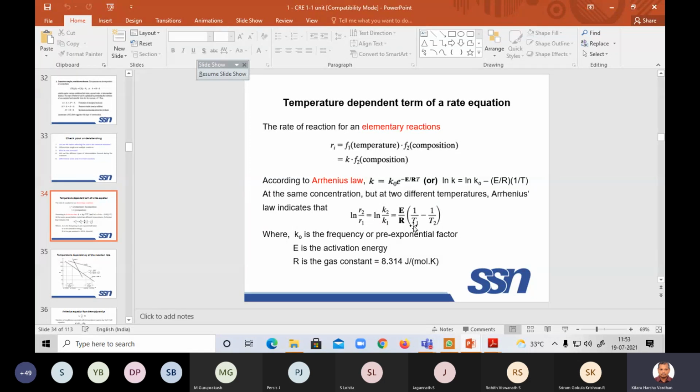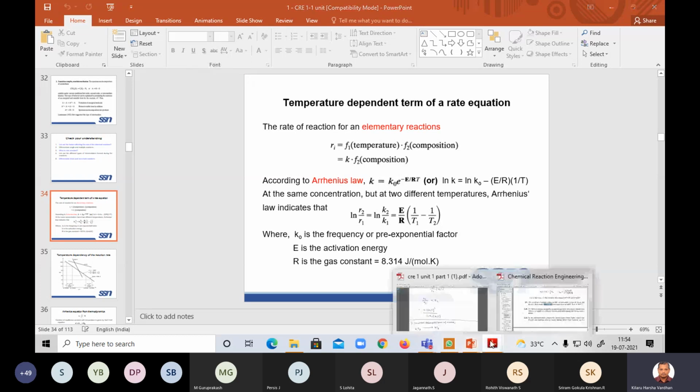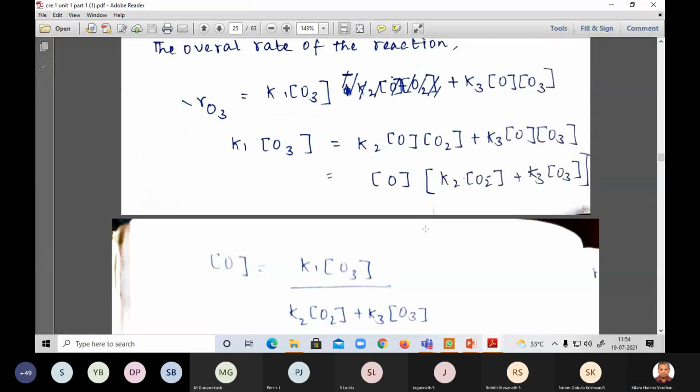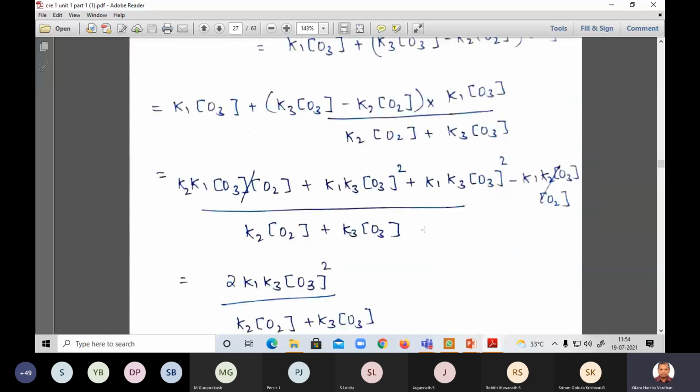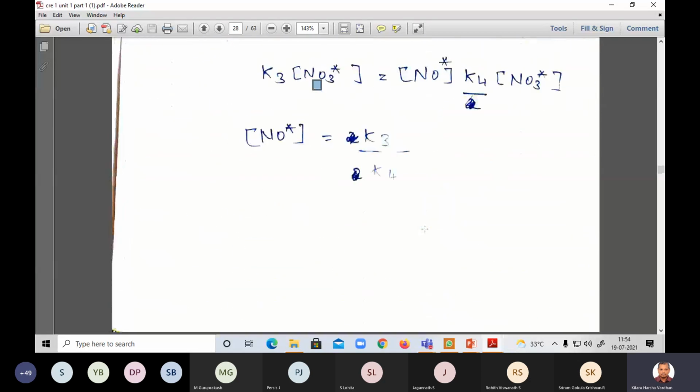When you substitute, the temperature should be in Kelvin because the gas constant R is in Kelvin-based units, so that the units cancel out. So shift your temperature from centigrade to Kelvin by adding 273. With E known, R known, and T1 and T2 known, you can find K2 by K1. That is how you have to do it. I think she did it. We'll see that problem, the same answer. This will be the last thing, then we can wind up today's class.